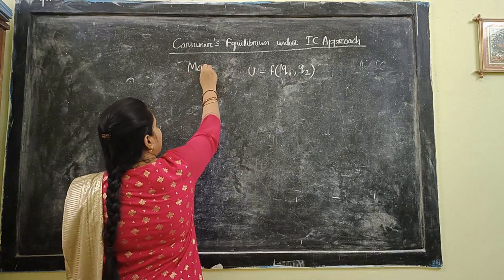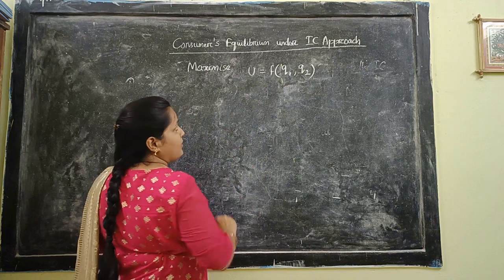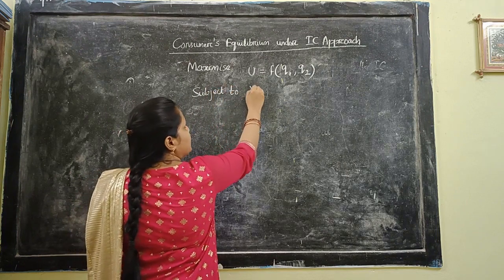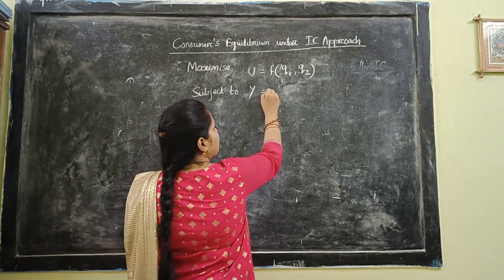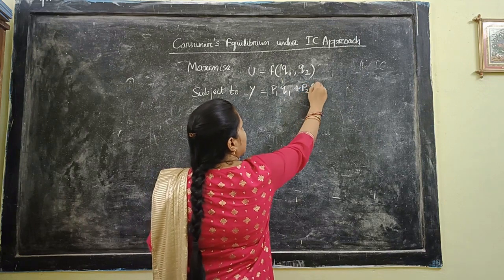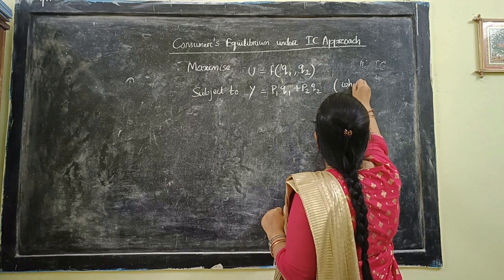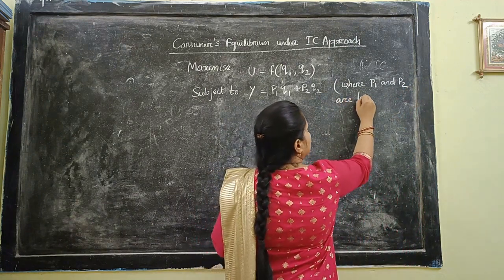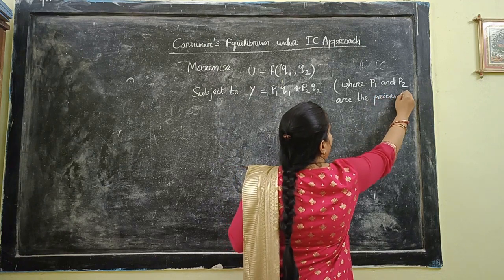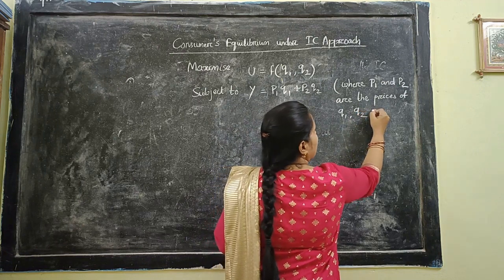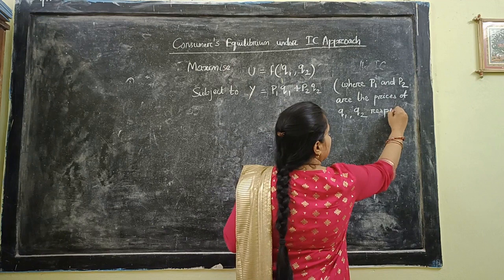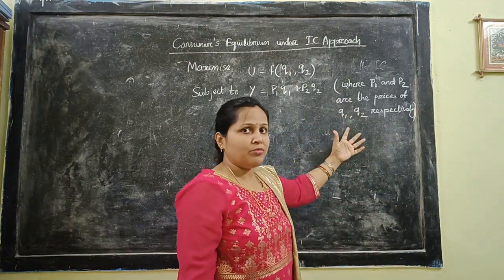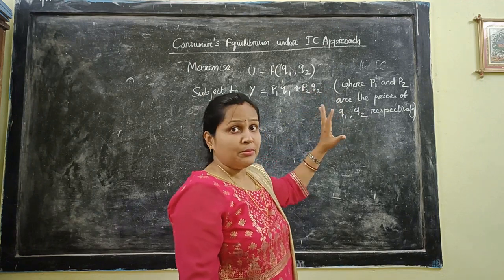Maximize utility, which is a function of Q1 and Q2, subject to the budget constraint, where Y is the income, equal to P1 Q1 plus P2 Q2, where P1 and P2 are the prices of Q1 and Q2 respectively, and these prices are constant for a given period of time under analysis, since we are talking about a static period analysis.